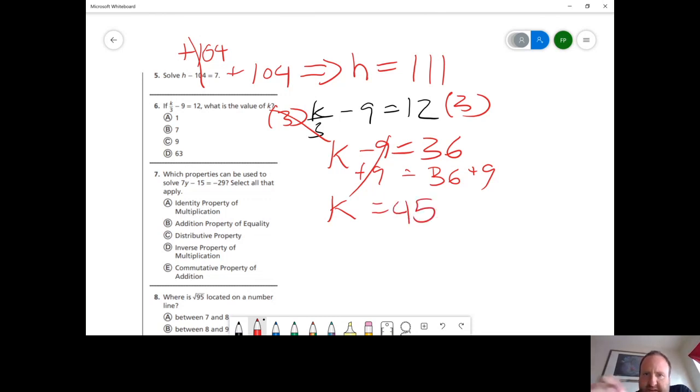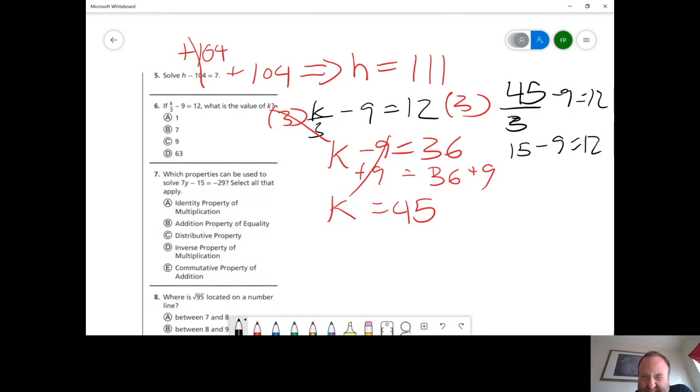But if you try to check that, 45 divided by 3 minus 9 equals 12? 45 divided by 3 is 15. 15 minus 9, does that equal 12?